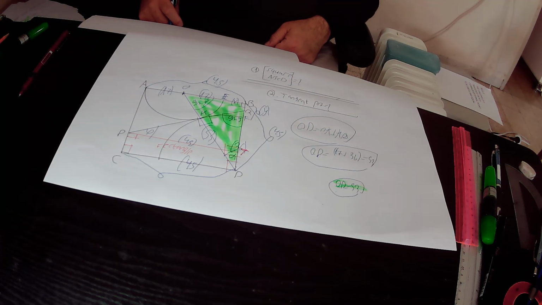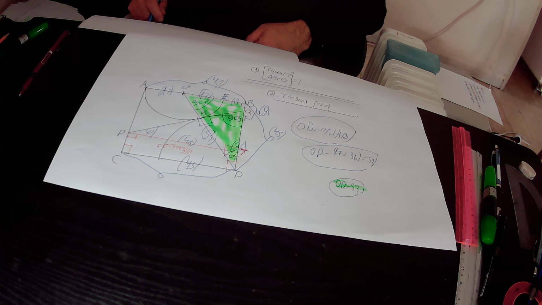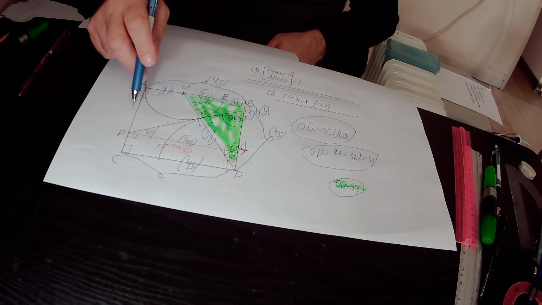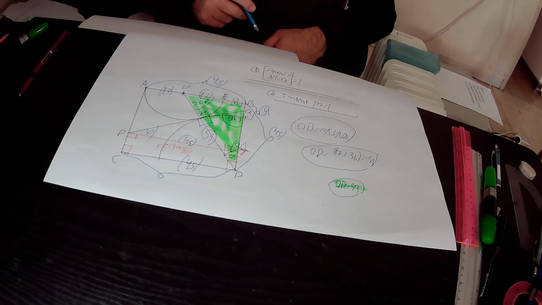In the next step, we prove that the green triangle OBD is congruent to this right triangle PQT according to the angle-side-angle rule.